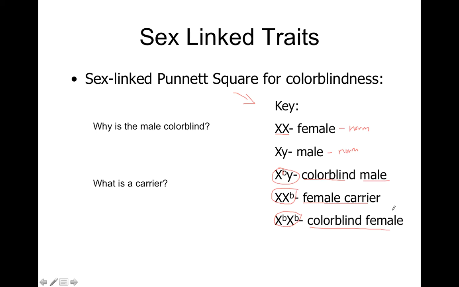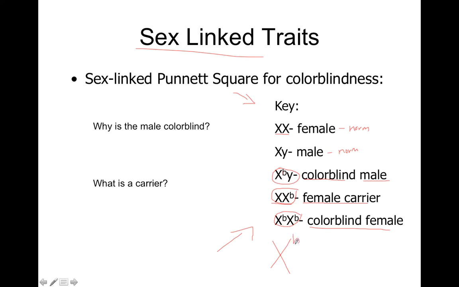So what you're going to be able to look at is, first of all, you should be able to already tell me why this one is just a carrier and why this one is actually a colorblind female. You should also be able to tell me which trait is the sex-linked colorblindness one, and you should be able to say that the X is the one that causes colorblindness.